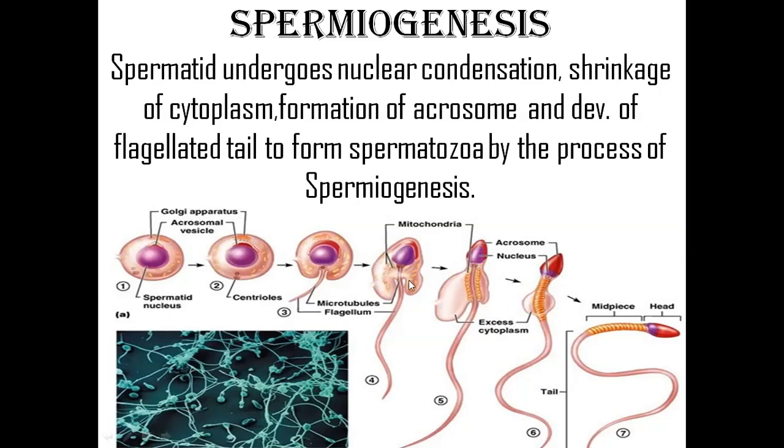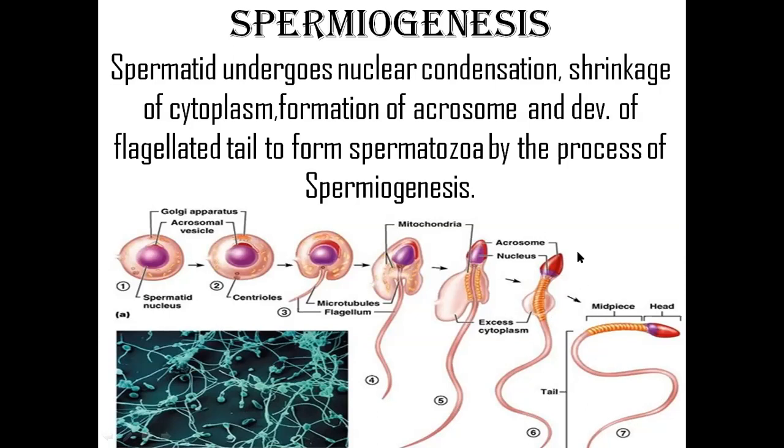So ultimately, nuclear condensation occurs, the acrosomal cap forms, there is shrinkage of the cytoplasm, and at the other pole the centrioles develop and give rise to microtubules, and these microtubules finally end in the flagella, the motile tail of the sperm.